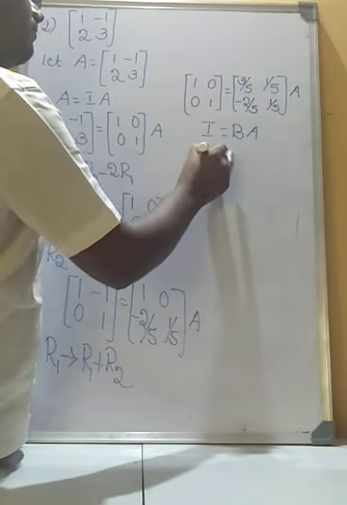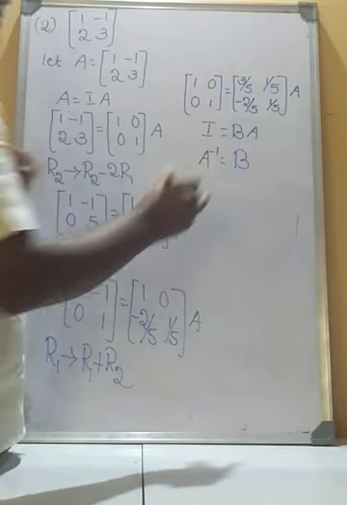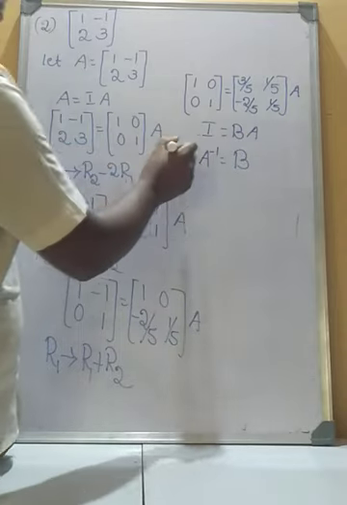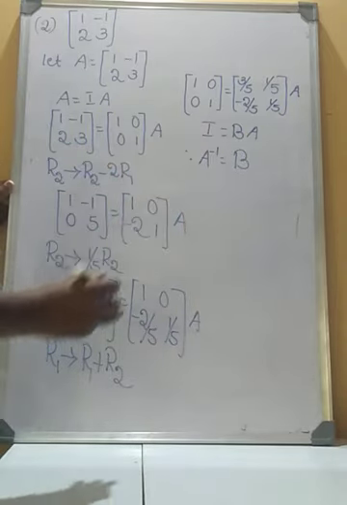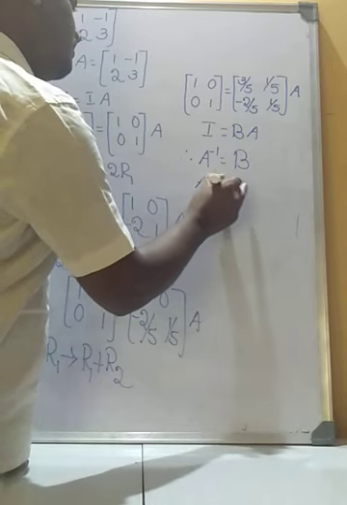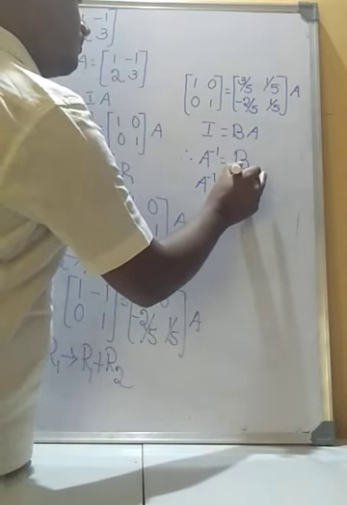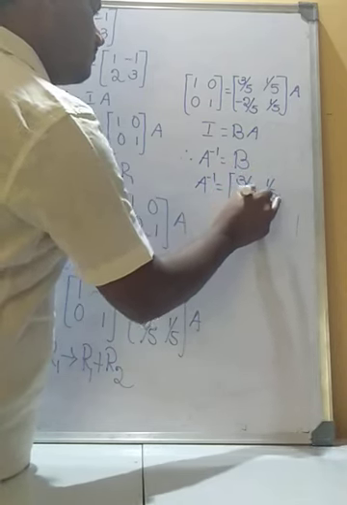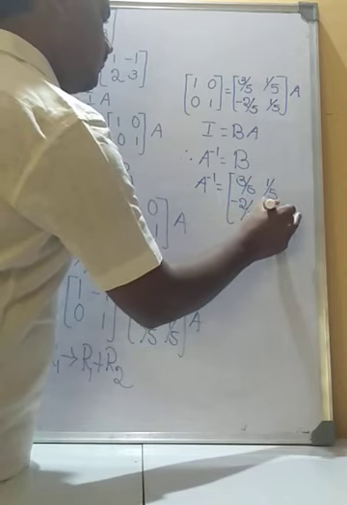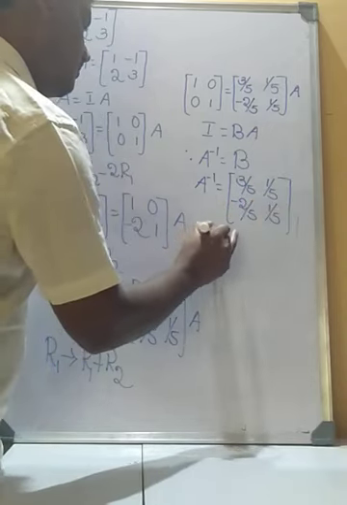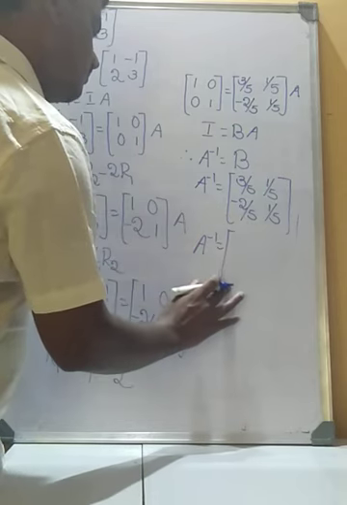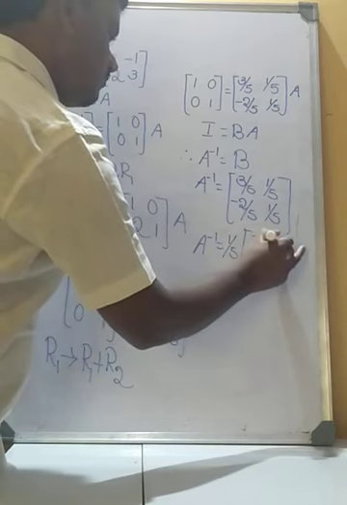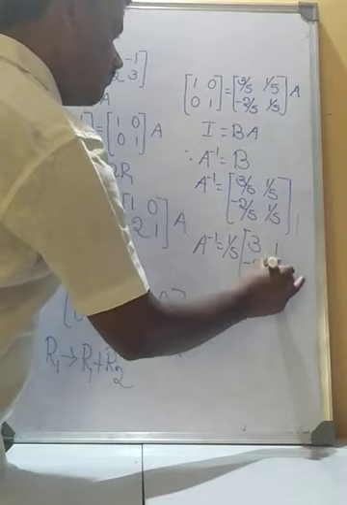So therefore A inverse is equal to B. Here the matrix B will be the inverse of matrix A. So therefore A inverse is equal to, what is B? Elements 3 by 5, 1 by 5, minus 2 by 5, 1 divided by 5. Or we can write A inverse is equal to 1 by 5, take outside, in bracket 3, 1, minus 2, 1.